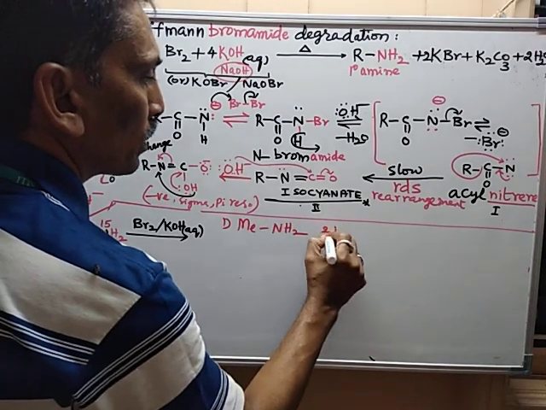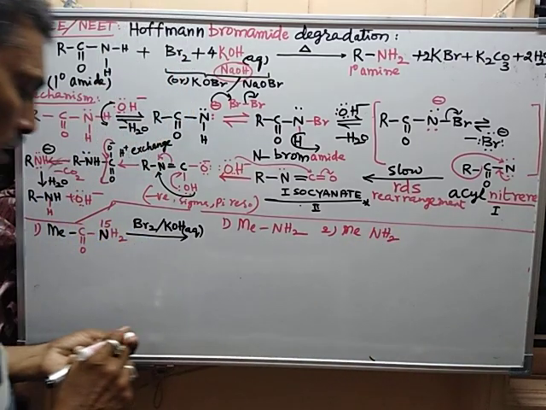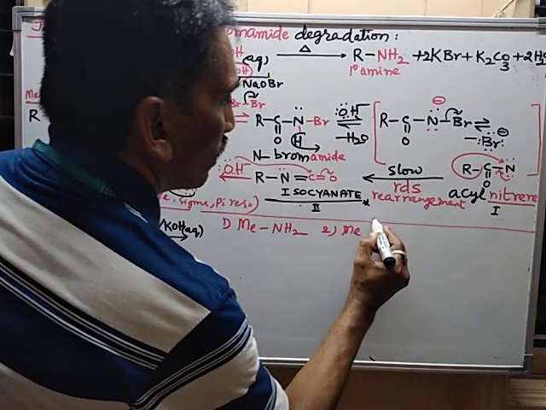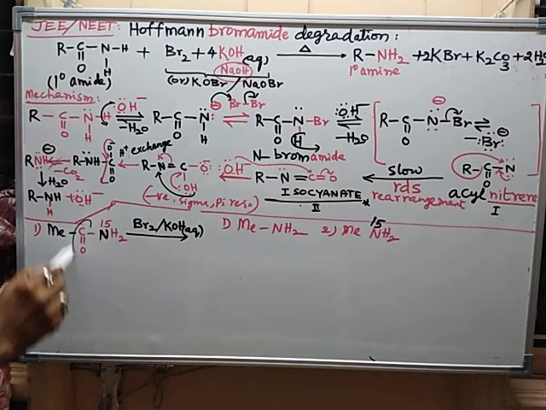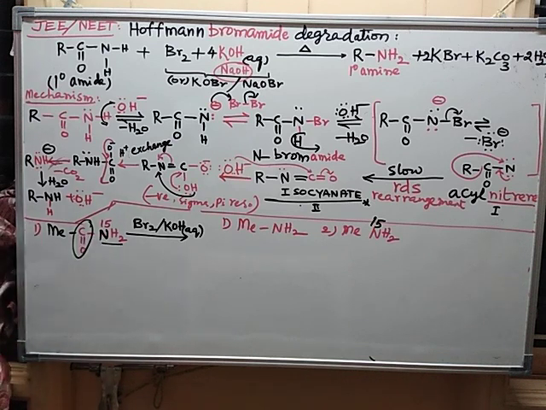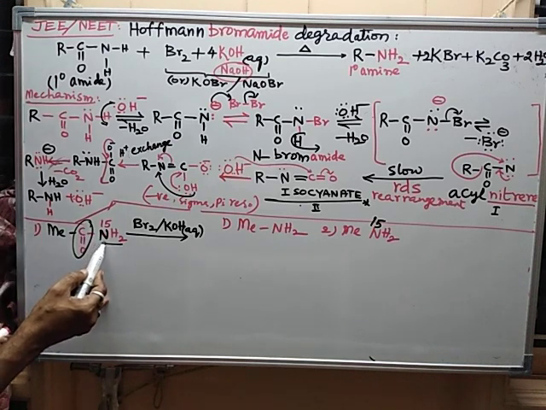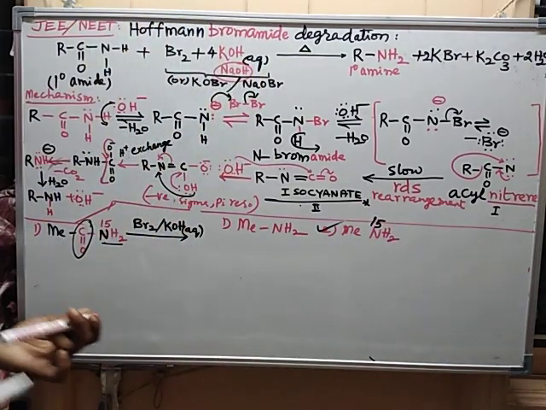Option 2, MeNH2 with mass number 15. Yes, which is correct, dear students? This CO group is removed, and this NH2 is directly attached to the methyl group. That N nature is not changed, that is isotopic nitrogen. The answer is this one.